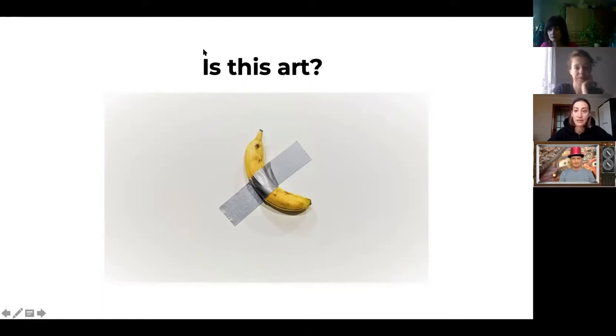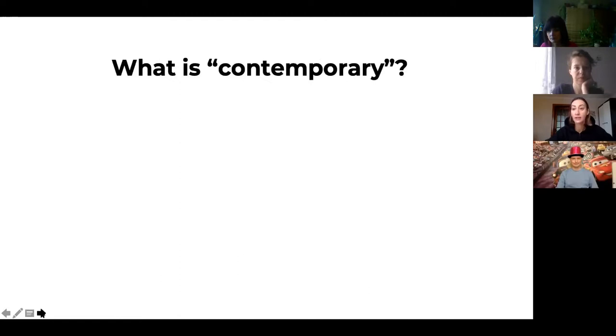To start to understand contemporary art, we need to start from the other question. What is actually contemporary? When does it come? When was the first contemporary art thing created? And here I'm going to ask you again, what do you think? When did the contemporary period start? Maybe the 21st century, or maybe the 20th century, or which year?